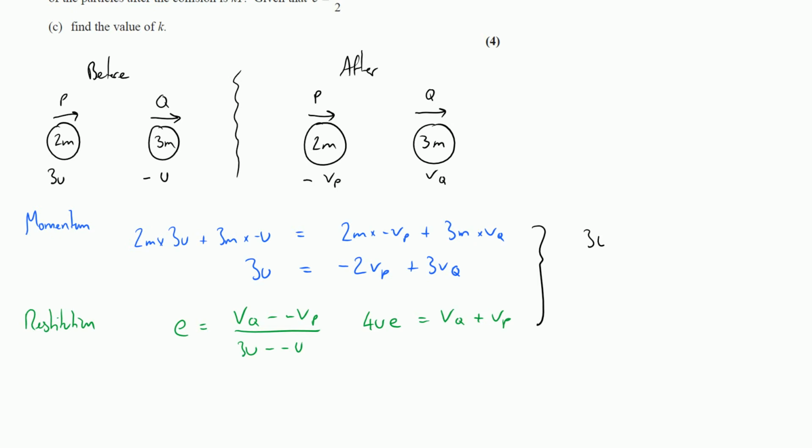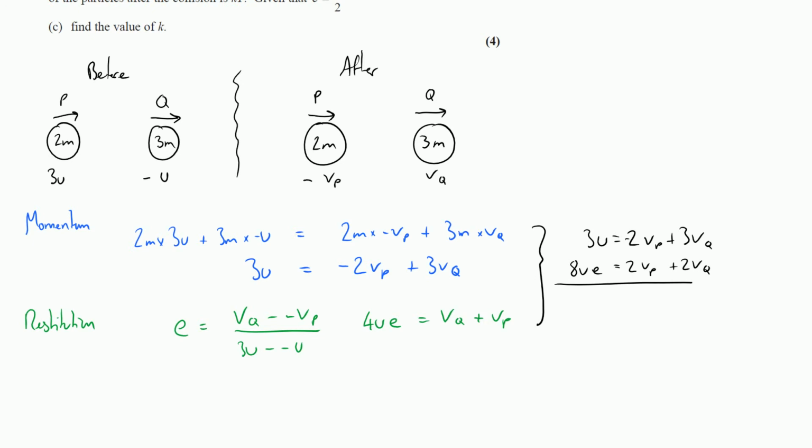So we had 3u equals minus 2Vp plus 3Vq, and in order to make the Vp's equivalent in both equations, let's multiply by 2, so that would give me 8ue is equal to 2Vp plus 2Vq.